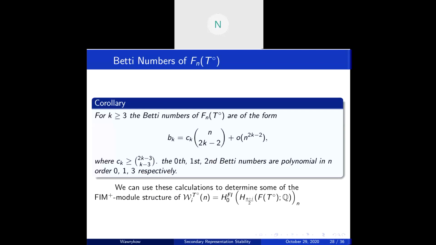And the 0th, 1st, and 2nd Betti numbers are all going to be polynomial in n still, and they're going to be polynomial of order 0, 1, and 3. Okay. So we want to use these calculations to be able to say something more about the FIM plus module structure of these minimal generators, these new things.